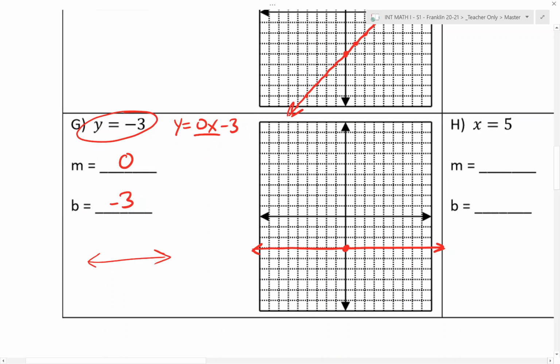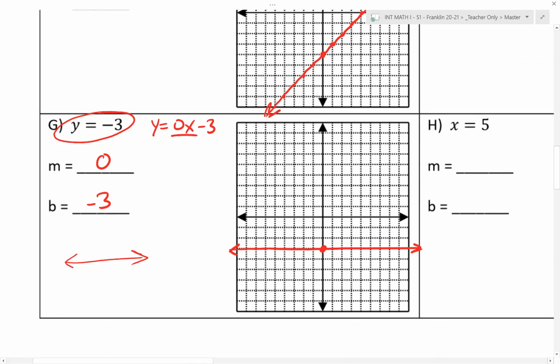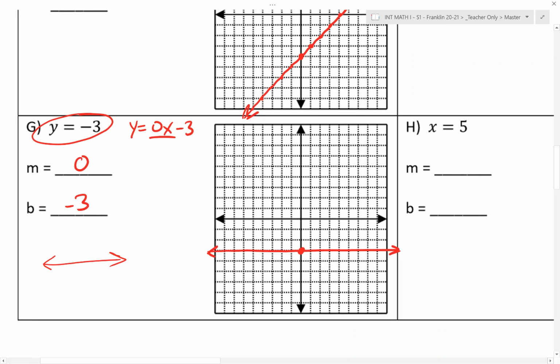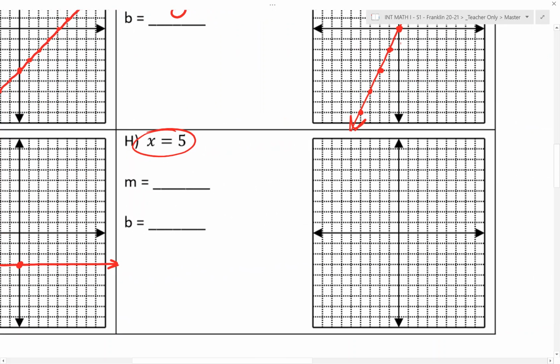Now, the other special case we have is when it's x equals a number. Now, this is sort of the only type of equation of a line that does not follow slope-intercept form. Because remember, slope-intercept form is y equals mx plus b. Well, we don't even have a y value here. We have an x value.